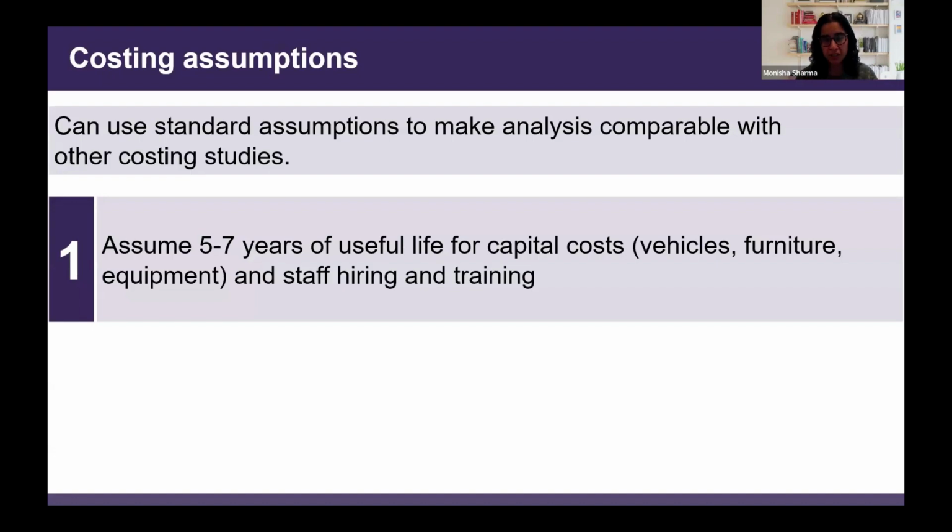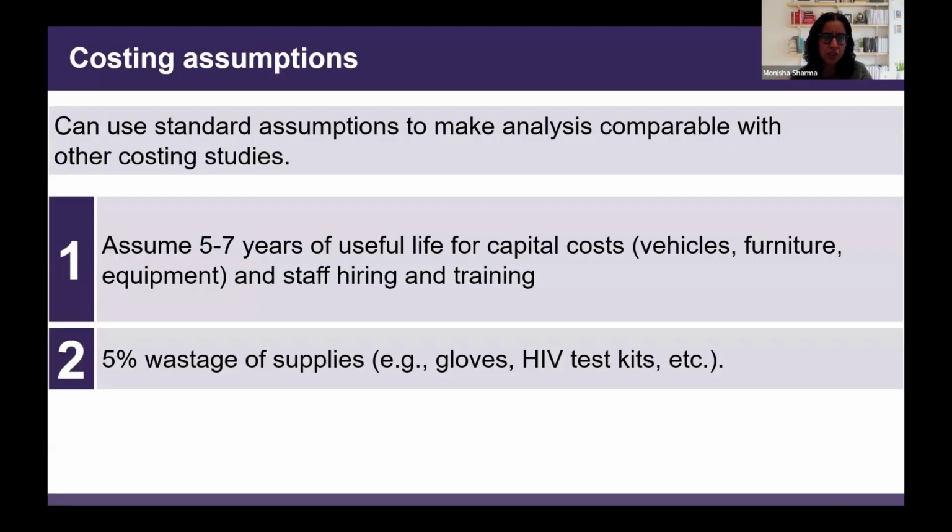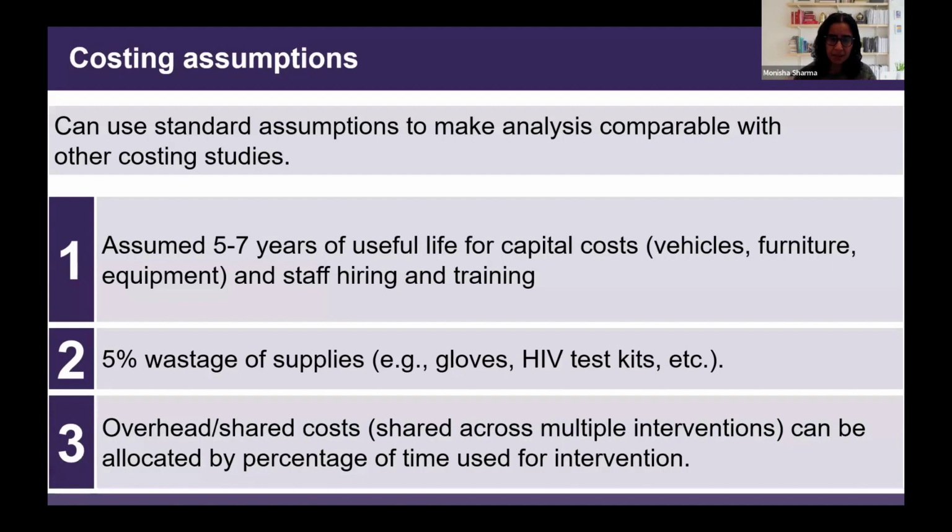Or once you hire staff and train them, you'll eventually have turnover and you'll have to do it again in 5 to 7 years. We often assume a certain amount of wastage of supplies, so not every single glove that you buy is going to be used. Or some HIV test kits could be dropped or expire.